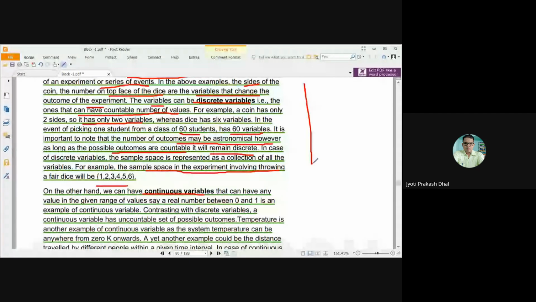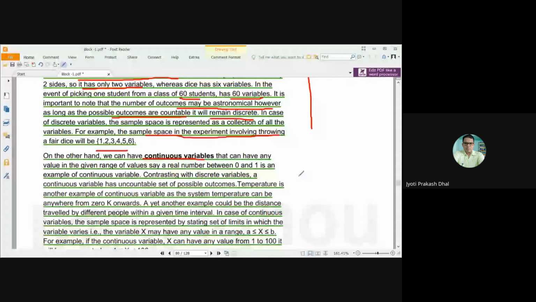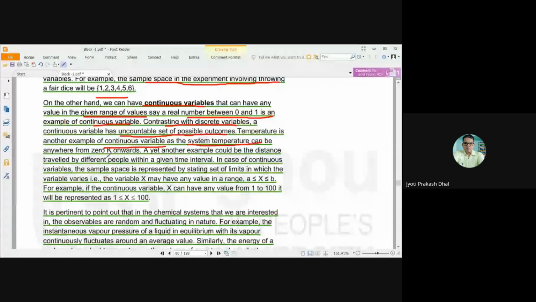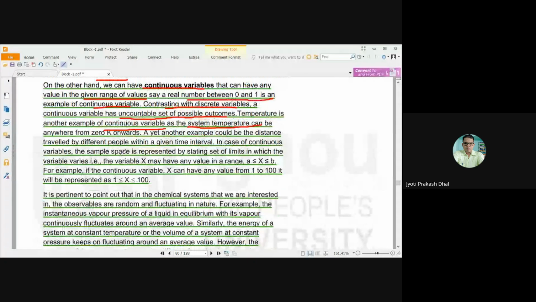Now coming to the next variable, that is called a continuous variable. A continuous variable can have any value in a given range of values, say a real number between 0 to 1, an example of a continuous variable. Contrasting with the discrete variable, a continuous variable has an uncountable set of possible outcomes, for example any temperature from 0 Kelvin onwards. Yet another example could be the distance traveled by different people within a given time interval. So these are examples of continuous variables.